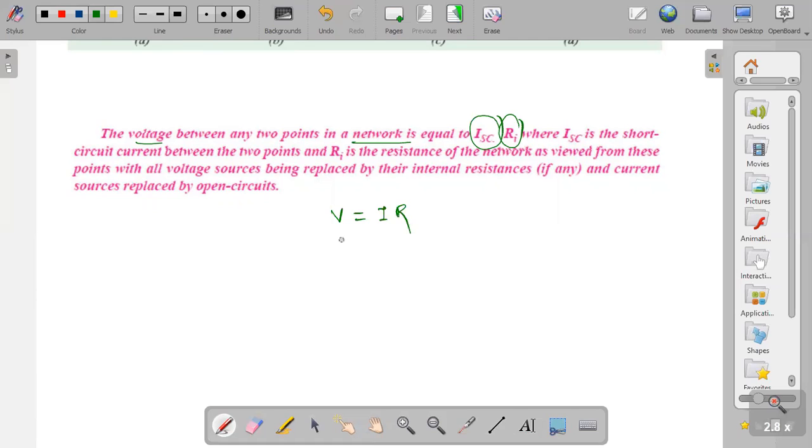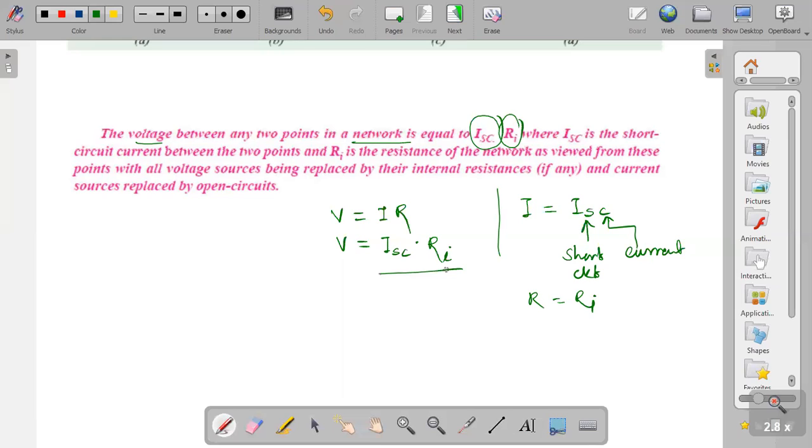Therefore, instead of I we can write ISC, short circuit current, and suppose R equal to your internal resistance, which is parallel to the constant current source. Therefore, can I write ISC instead of I? Yes or no? Yes. And R, I can write Ri.